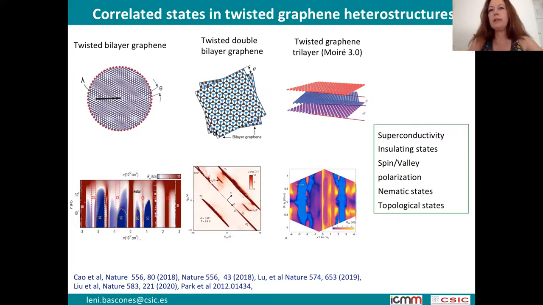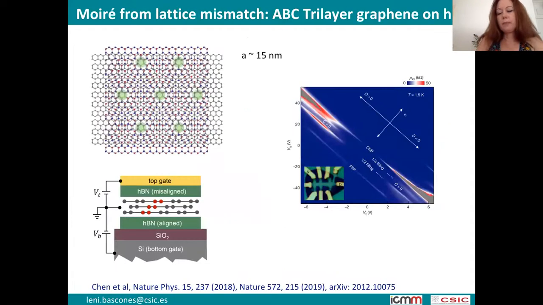Well, we have seen the plethora of correlated states that appear in twisted graphene heterostructures, from superconductivity, spin polarization, nematic states, to topological states. But we know, and it was realized from the very beginning, that a Moiré structure can be obtained not just by twisting, but also from lattice mismatch.